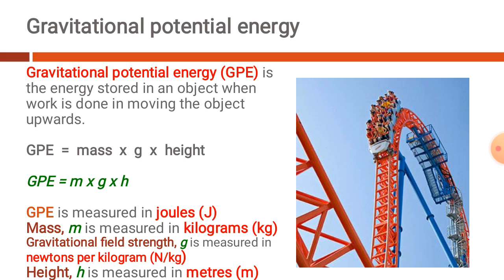How can we say this? Because it is falling from a certain height, from a certain level, it's falling down. That's why we say that it falls down because of the GPE. It falls with an energy.